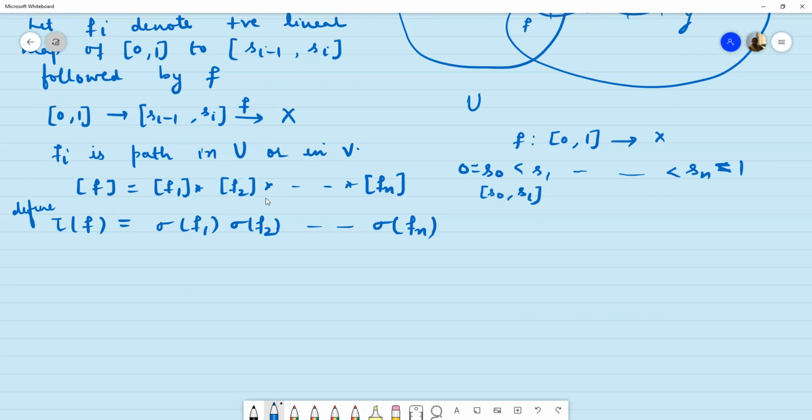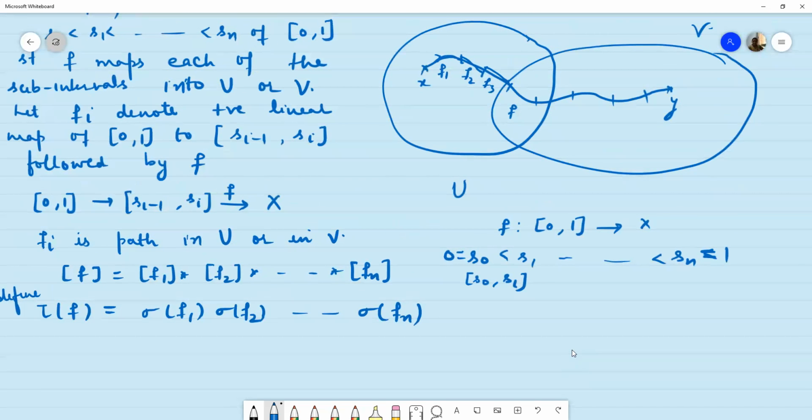Let us say we change the subdivision and add some point p in the interval [si-1, si]. Then what will be our new tau of f? The factor sigma fi will be changed.